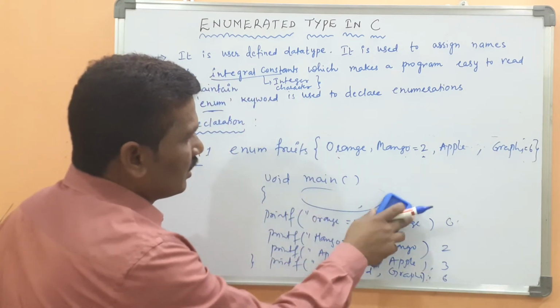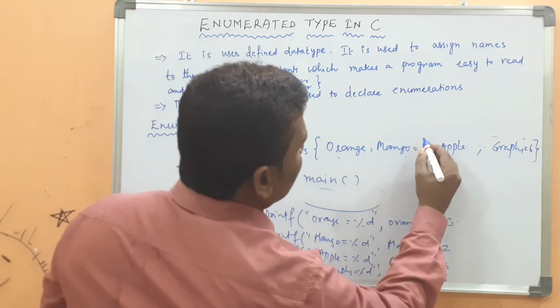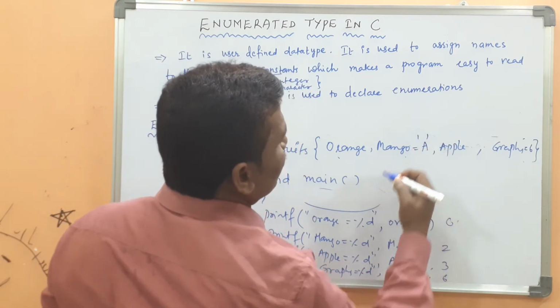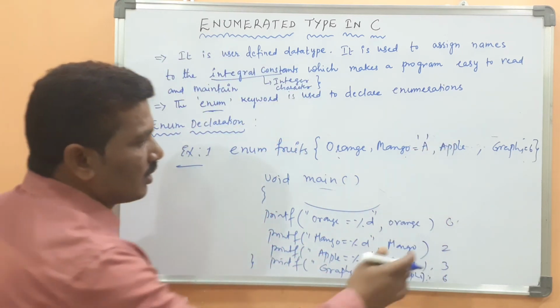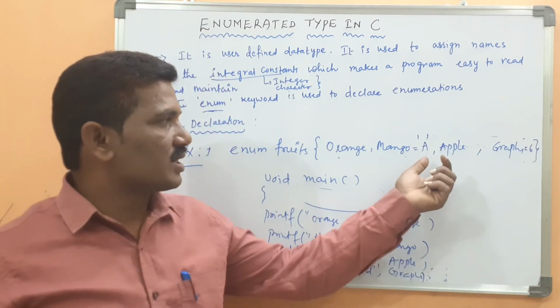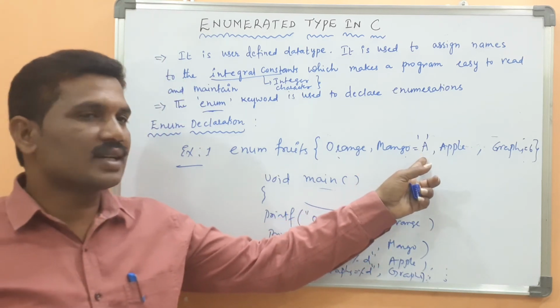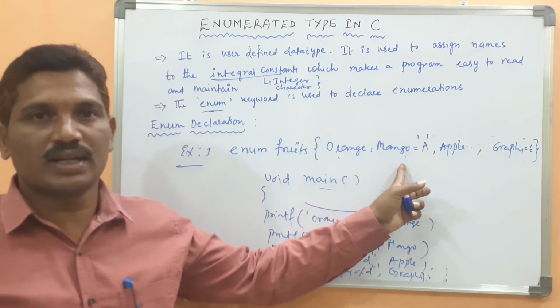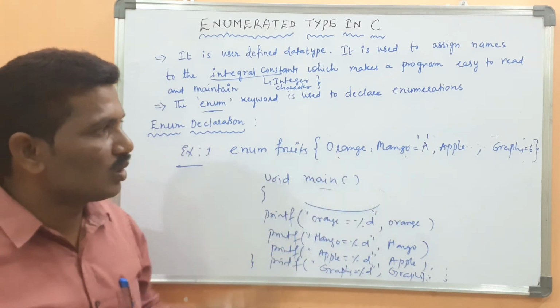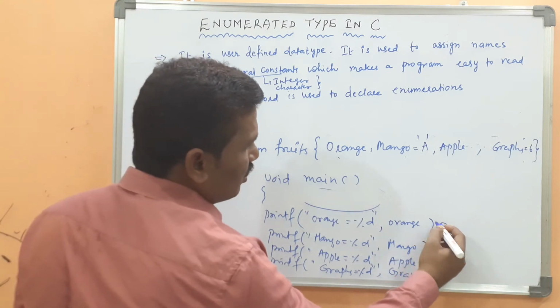Got my point? Then, for example, here previously the integer values were assigned to the enumeration constants. At this time, characters are assigned to the enumerated constants. How will the output be displayed? By default orange is 0.